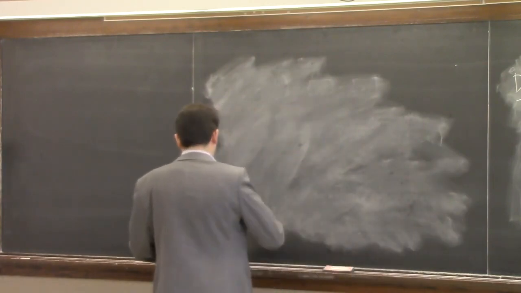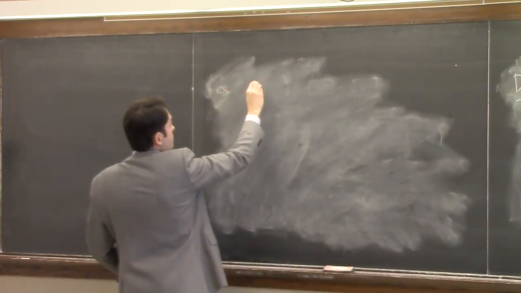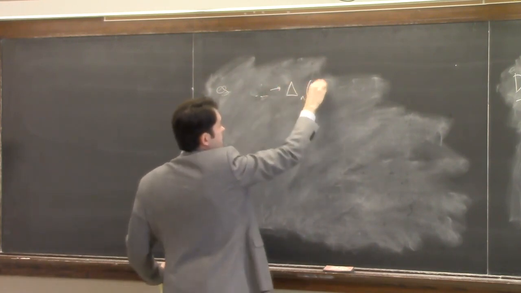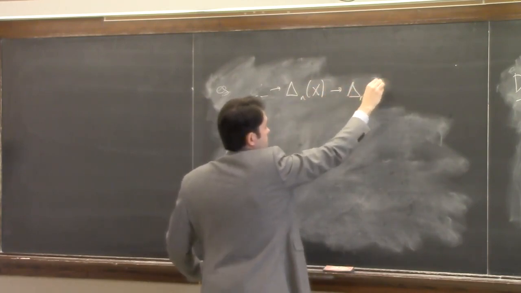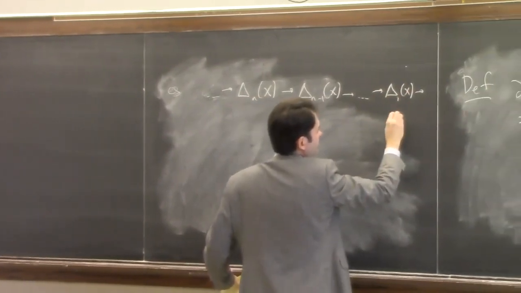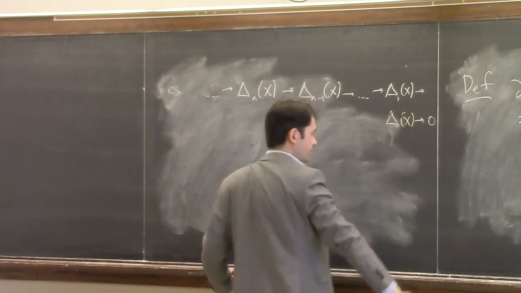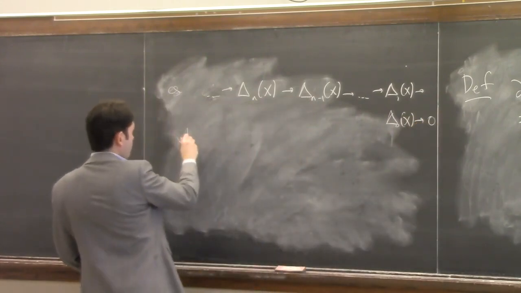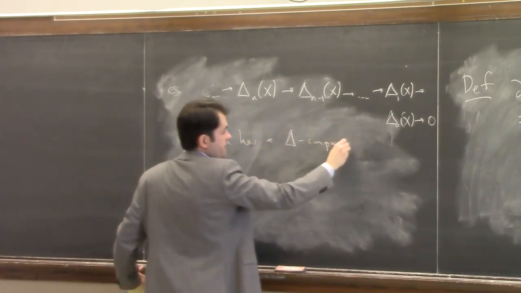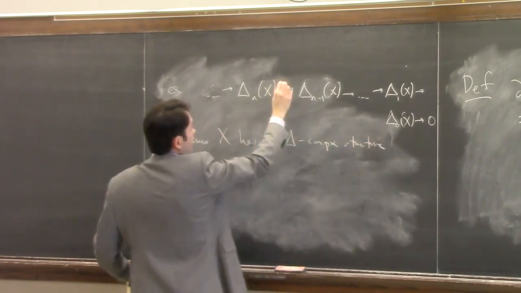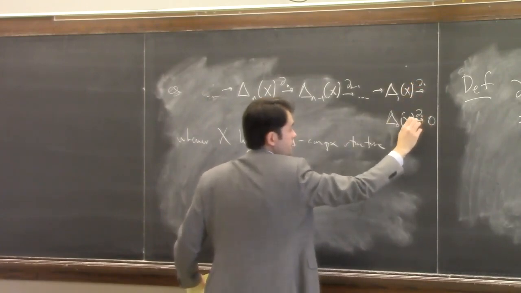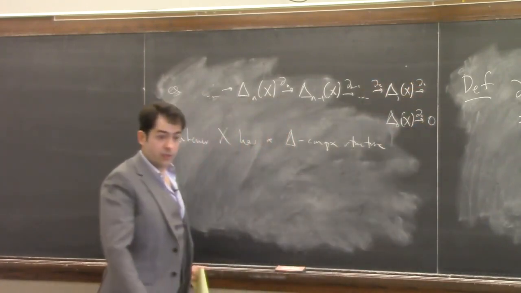So we've shown that whenever X has a delta complex structure, then this gives us a chain complex.